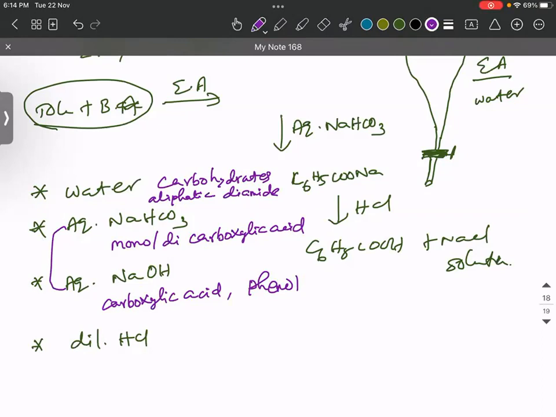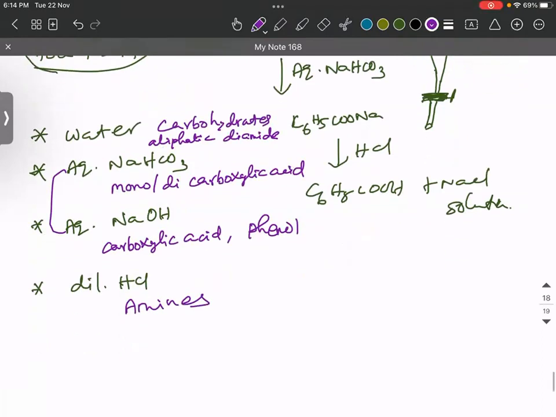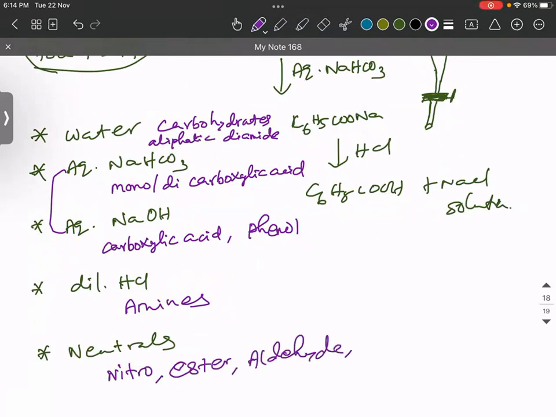Then dilute HCl dissolves amines, and then the last one, neutrals. Neutral means you have nitro compound, ester, aldehyde, ketone, amide.